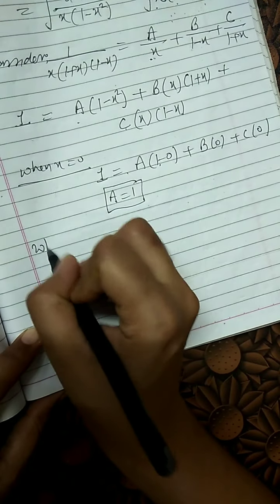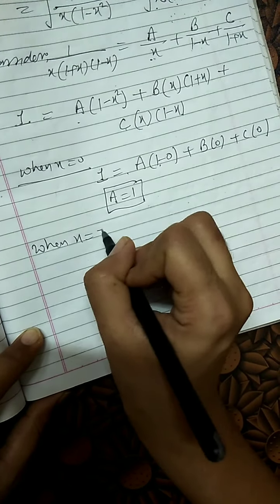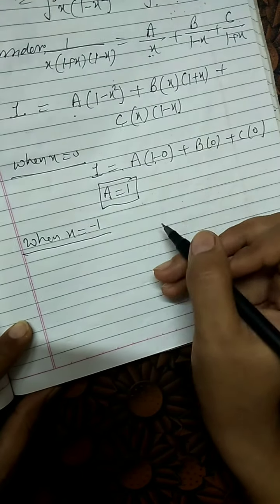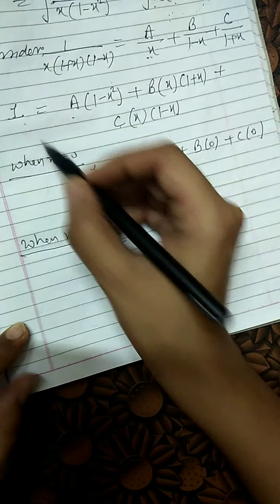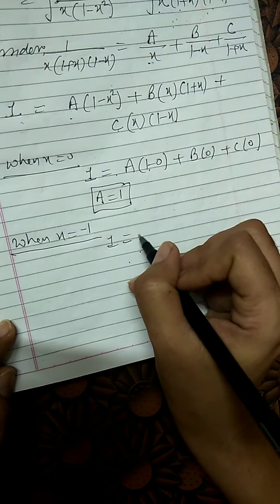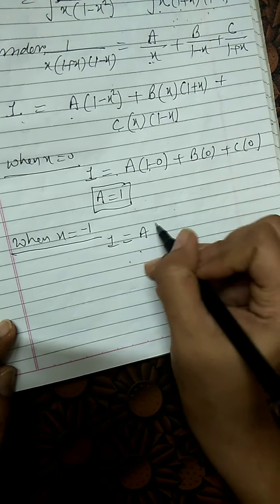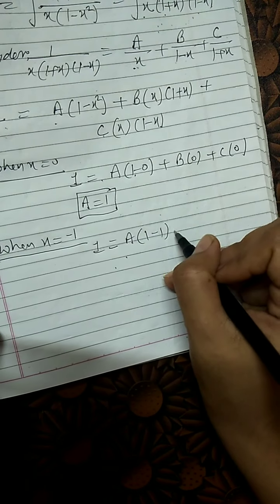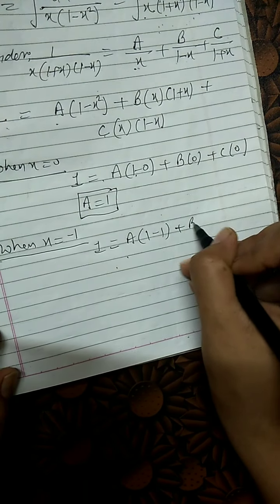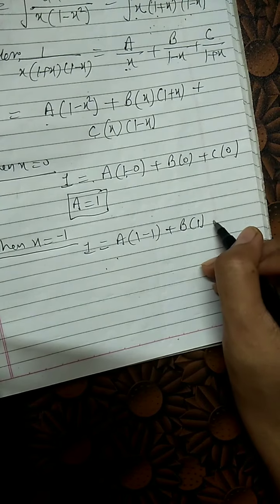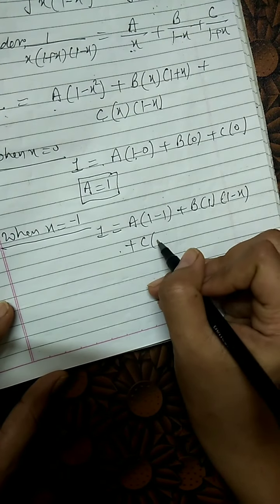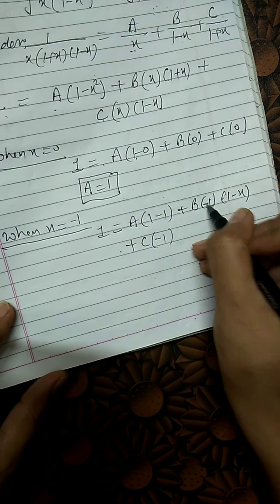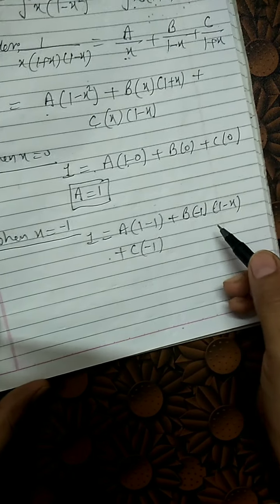Right, second we will put x equal to minus 1. When x is minus 1, 1 equals, left hand side is 1 only, it will become a into 1 minus 1, definitely 0, plus b into 1 and 1 minus 1, plus c into minus 1, we are putting x as minus 1 only.